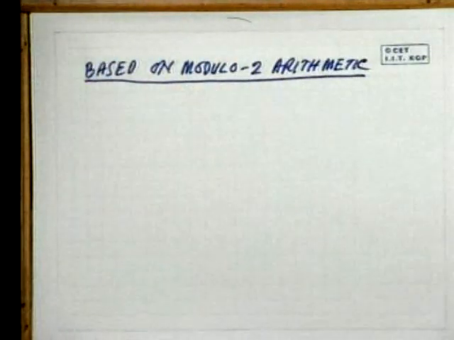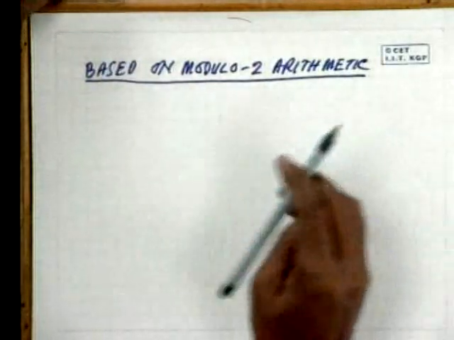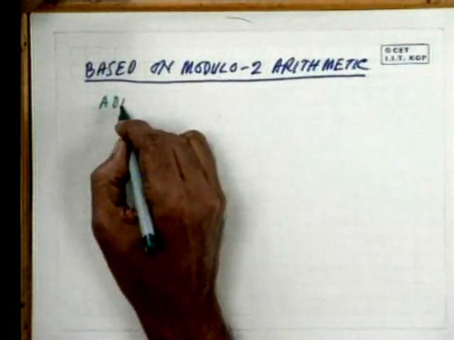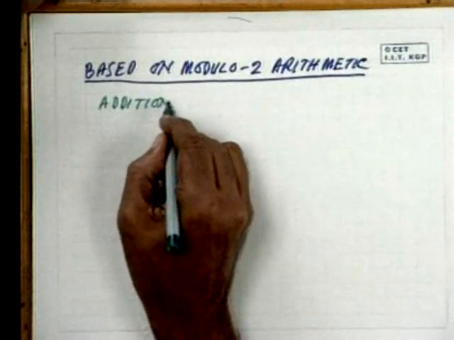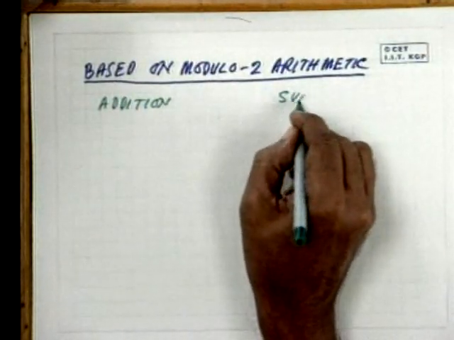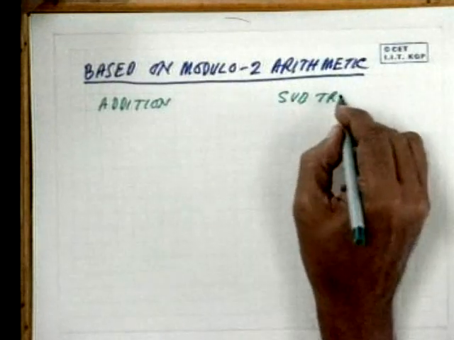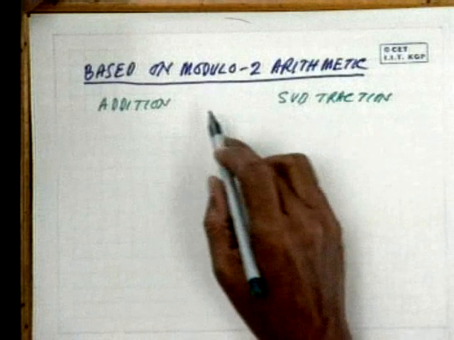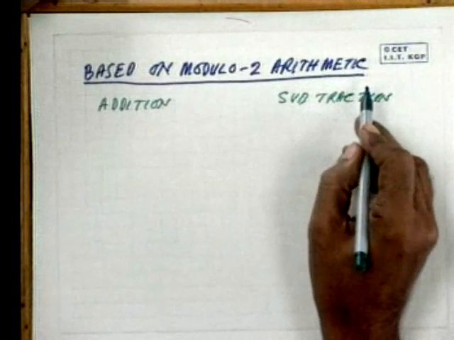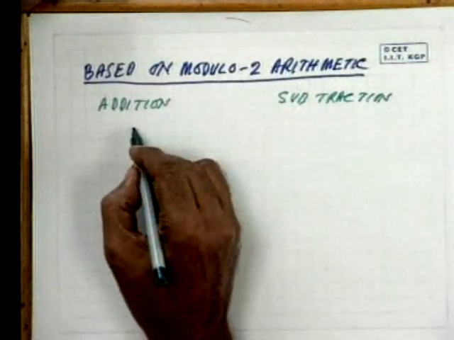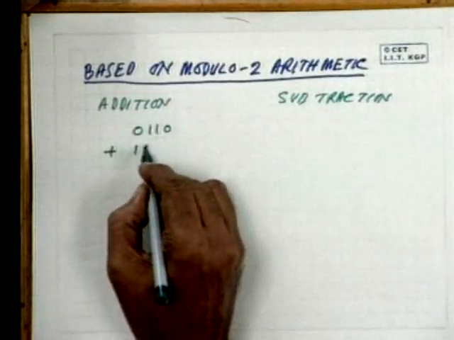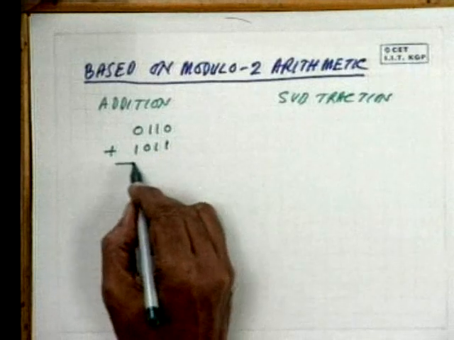Let me very briefly tell you the basic idea of modulo 2 arithmetic. In modulo 2 arithmetic, you can perform addition, subtraction, multiplication and division in this way. Say suppose 0 1 1 0 has to be added with 1 0 1 1.